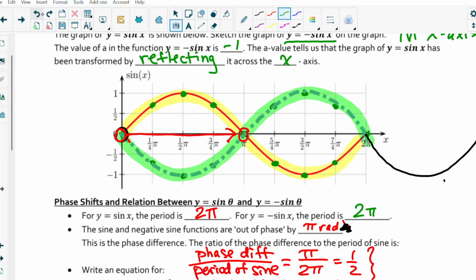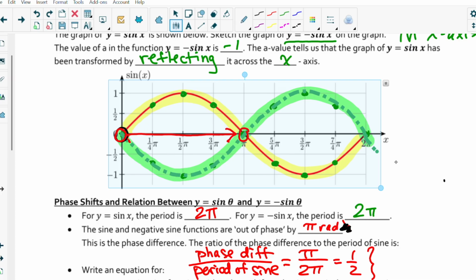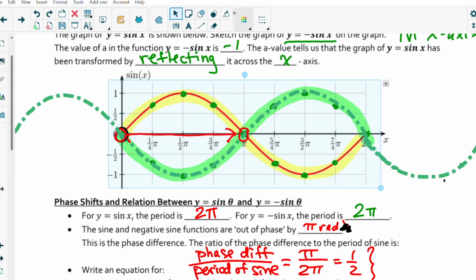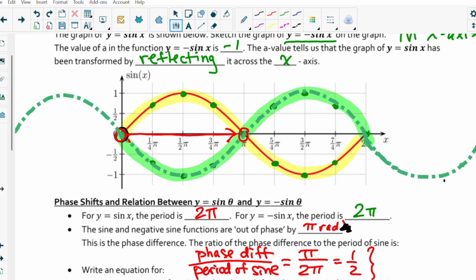So this goes on and on and on, folks, right? So we know this goes on and on and on, okay? And then likewise, I'm just going to extend that red graph like this, right?